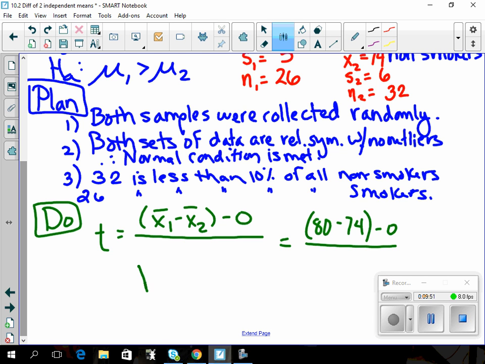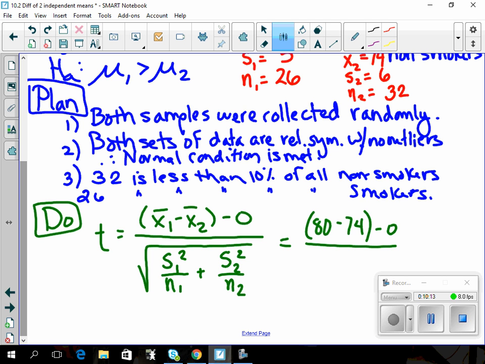And then the standard deviation. It's actually standard error because we don't have population standard deviations, right? We have to use our sample standard deviations. And so it should be the first standard deviation squared over its sample size plus the second one squared over its respective sample size, and the square root of all of that.